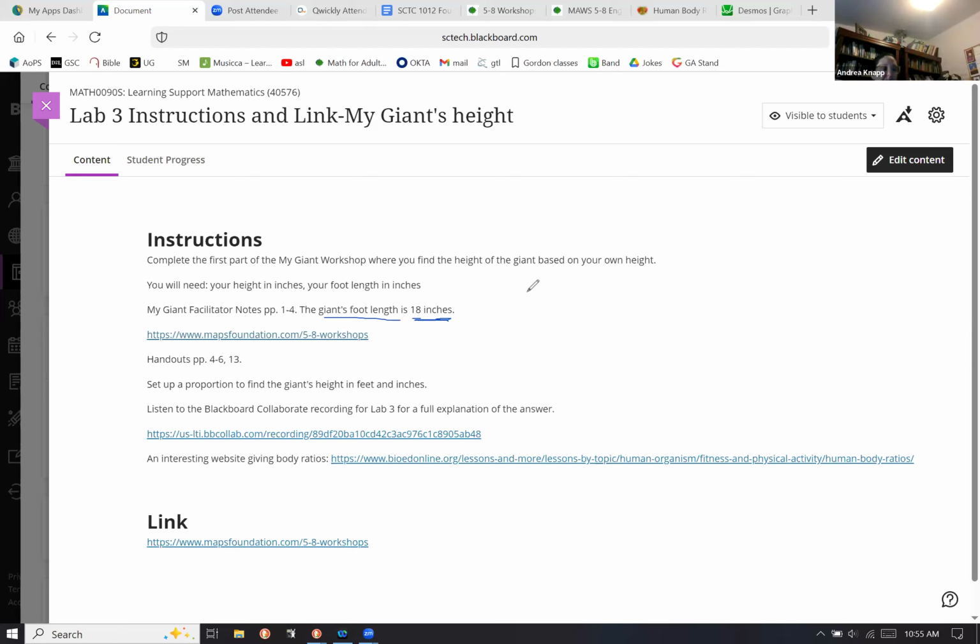I'll measure my foot length. Anybody who is watching the recording, if you've got a ruler, go ahead and measure your own foot length to the nearest inch.